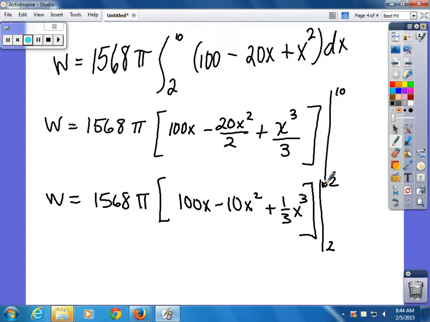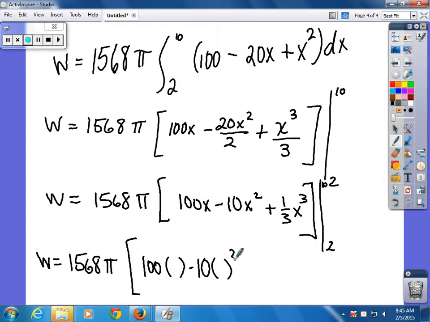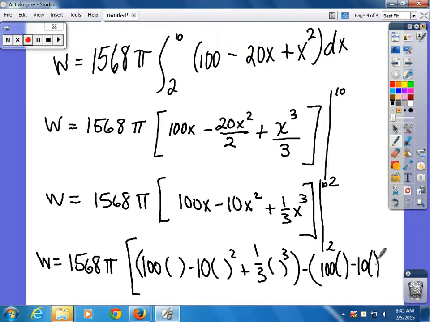So that's going to be W is equal to 1568 pi. And that's going to be brackets 100 parentheses minus 10 parentheses squared plus 1/3 parentheses cubed, minus, put that in parentheses, minus parentheses, all that again, 100 parentheses minus 10 parentheses squared plus 1/3 parentheses cubed.